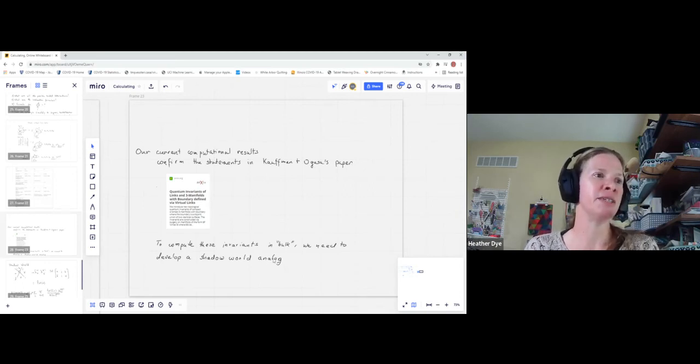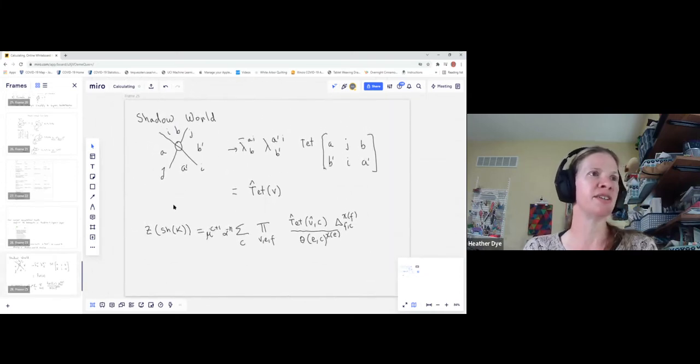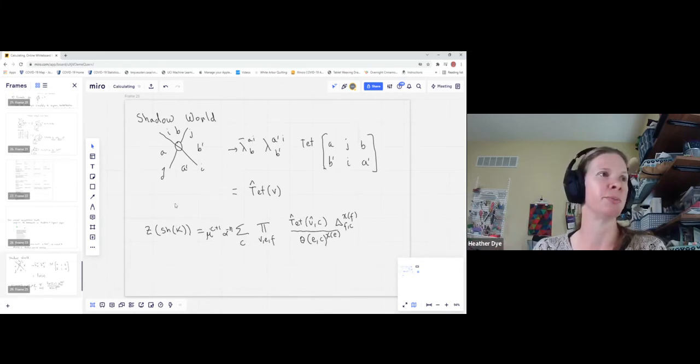However, we don't really have a strategy for computing these invariants in bulk. So now I'll flip over and spend a minute discussing the shadow world, which is really where we need to be to compute these invariants in bulk. The shadow world was what they used to do the bulk computations in the original book.